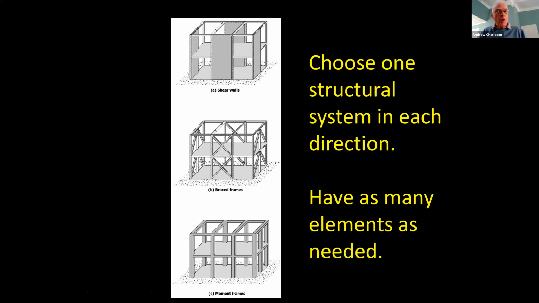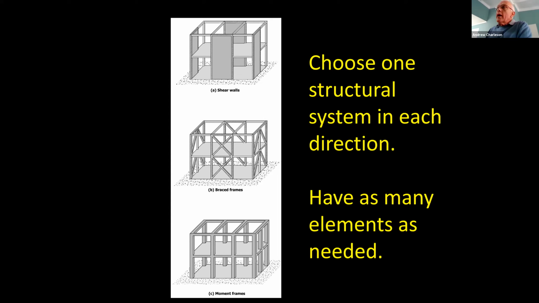Okay, that's what should govern your choice of structural system. Once you leave the School of Architecture, you will also make that choice based on cost. But while we're in a School of Architecture, we're not expected to worry too much about cost, are we? We are concerned about program and architectural idea.